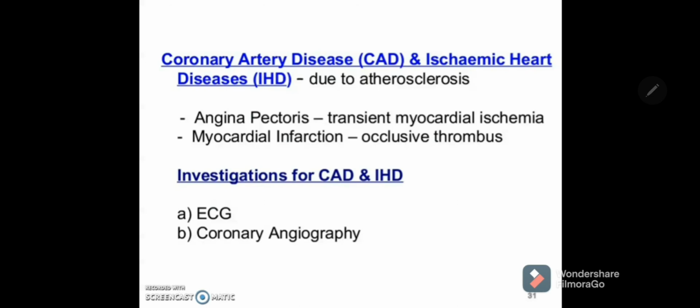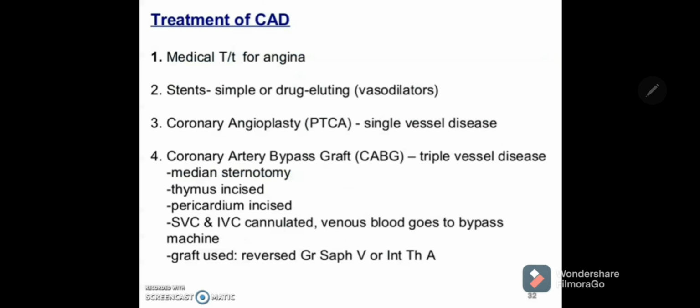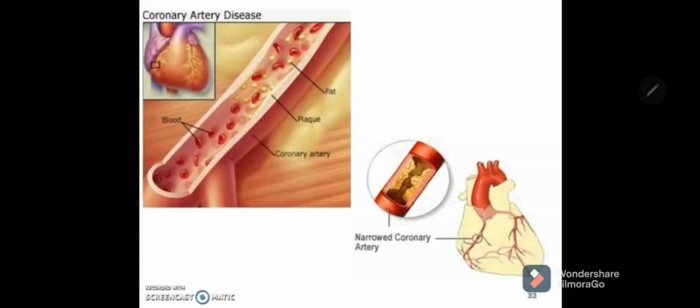Occlusive thrombus is there, leading to the lack of oxygen to the cardiac muscle. Treatment is stents in case of a single artery disease, and in case of triple vessel disease like involving circumflex, left anterior descending and right coronary artery, coronary bypass graft is recommended.